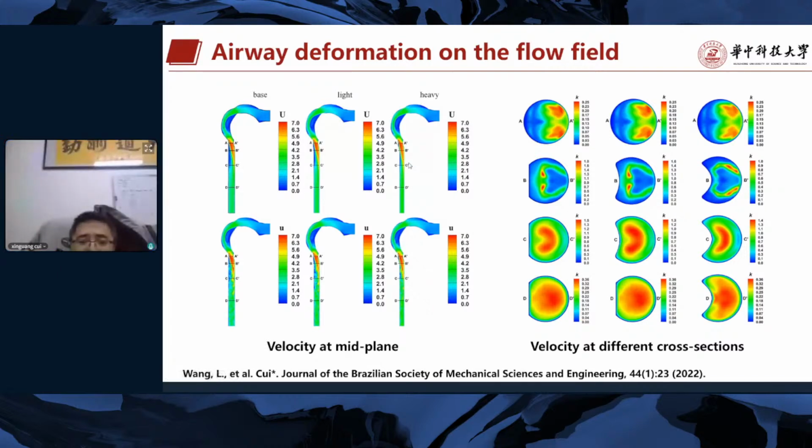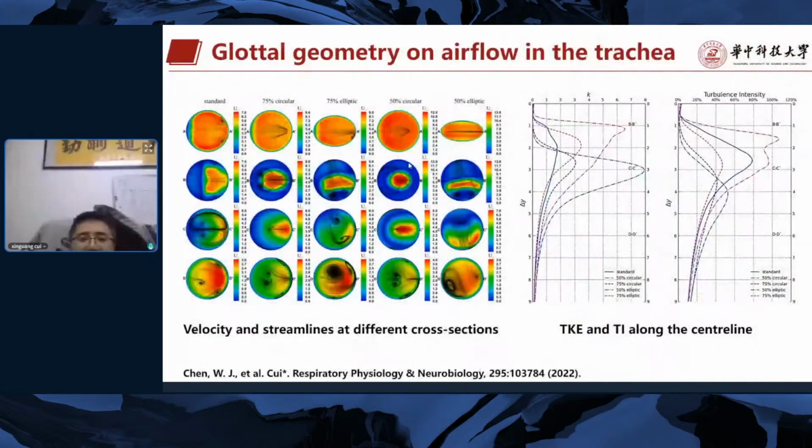We also considered that the glottis is very important for the flow in the trachea and the flow downstream. First we considered different shapes of the glottis and different constrictions.